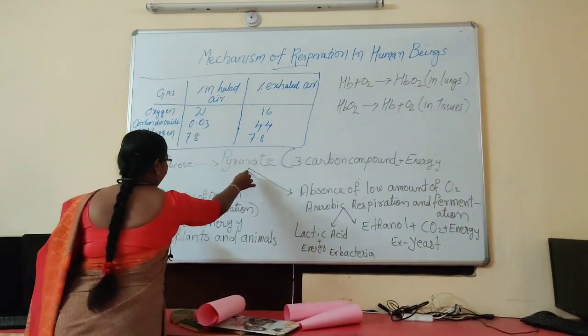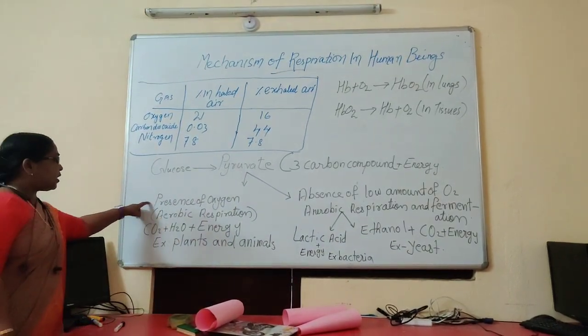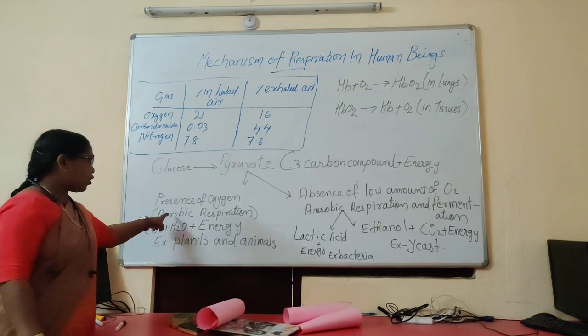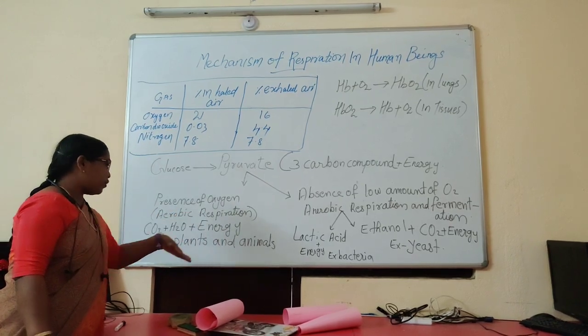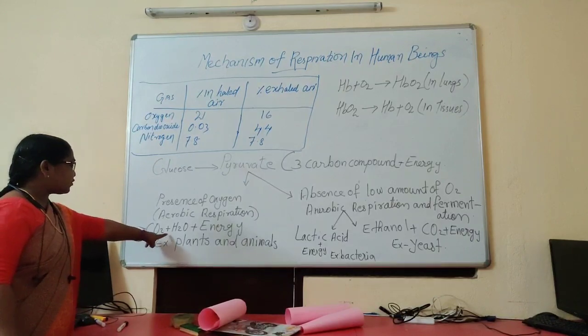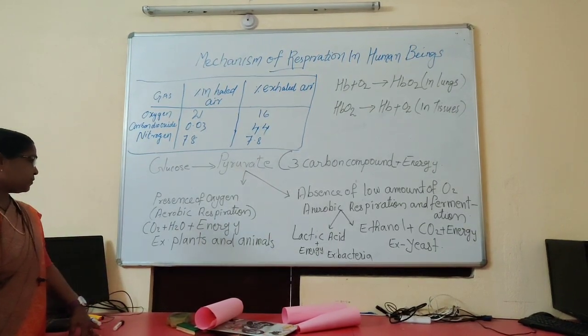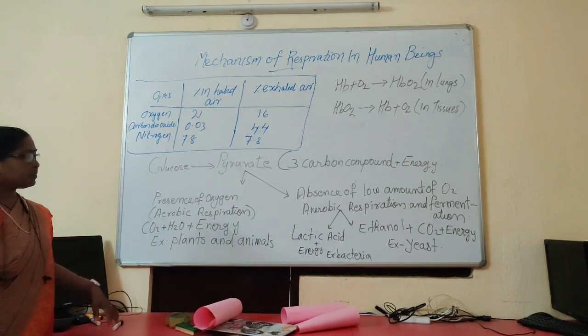From that pyruvate, when the reaction takes place in the presence of oxygen, it is called aerobic respiration. Then the products formed are carbon dioxide plus H2O, water, plus energy. This occurs in plants and animals.